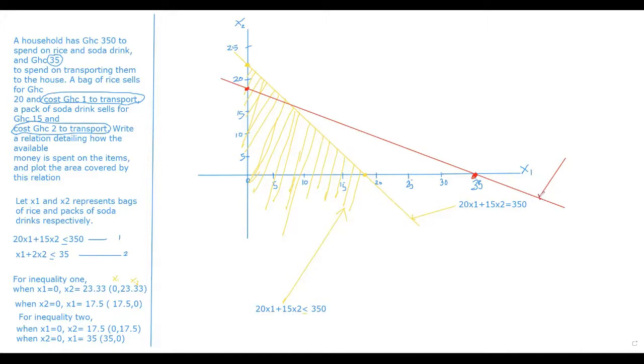So this straight line too becomes the equal sign. So just write it there. So x1 plus 2x2 equal to, on the straight line, every straight line is equal to 35. Then this one is less than or equal to. So where are you going to shade?